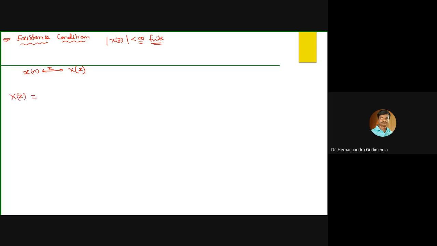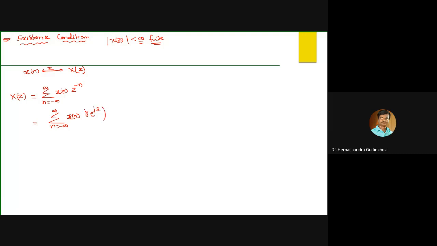What is meant by X of z? X of z is equal to summation n equal to minus infinity to infinity x of n z power minus n. What is meant by z? Z is nothing but r e power j omega.